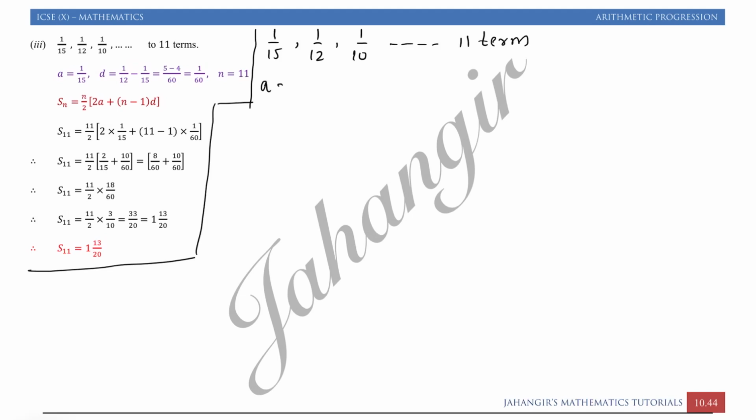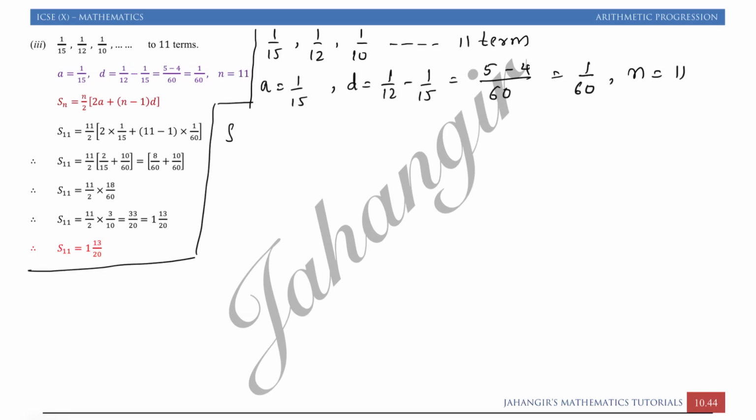So here my first term is 1 by 15. Common difference is 1 by 12 minus 1 by 15. So taking LCM as 60, we can write (12 into 5 minus 15 into 4), that is 1 upon 60, and number of terms is 11. Now we are just putting all values into the formula.